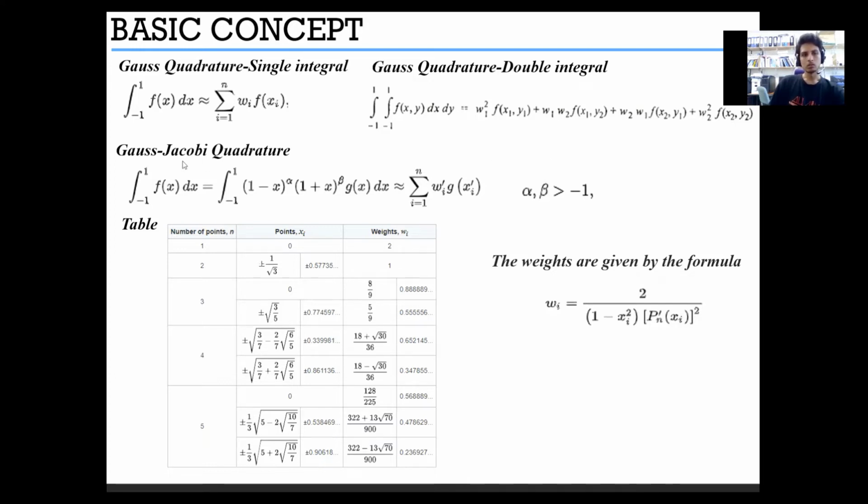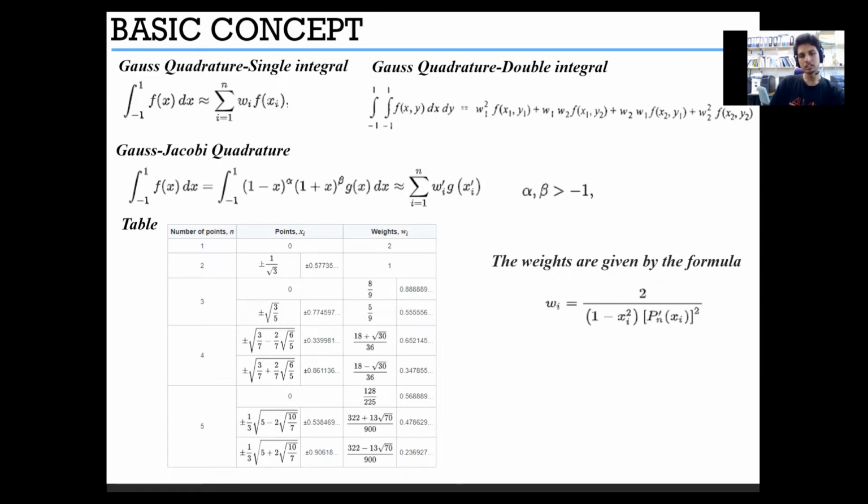So for Gauss-Jacobi quadrature, which will not be discussed here, but I have put it here because the Gauss-Legendre quadrature rule is not typically used for integrable functions with endpoint singularities.